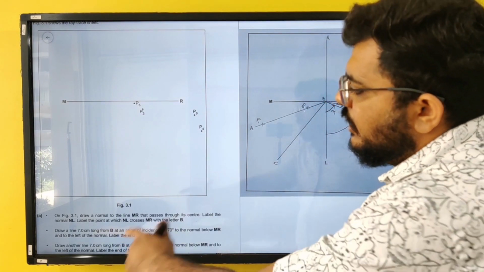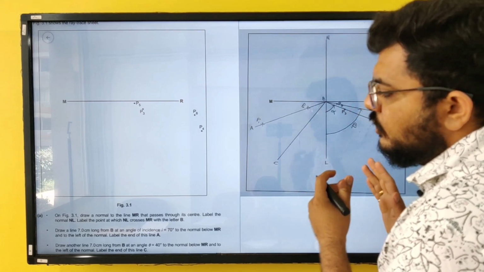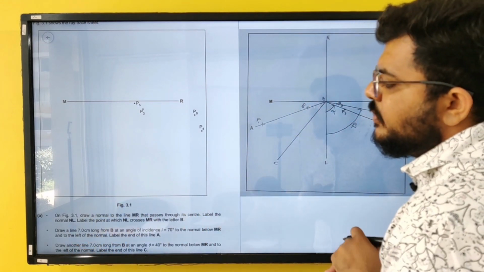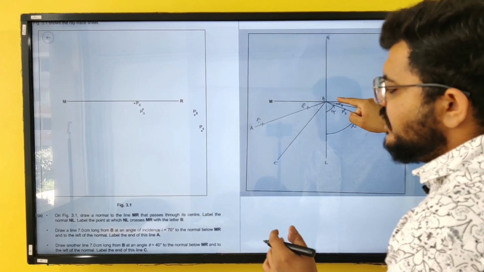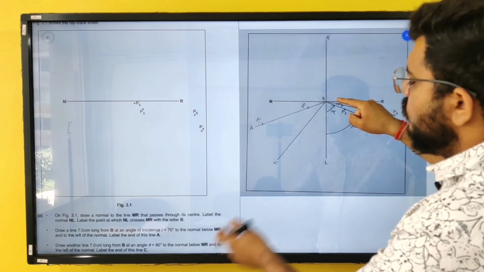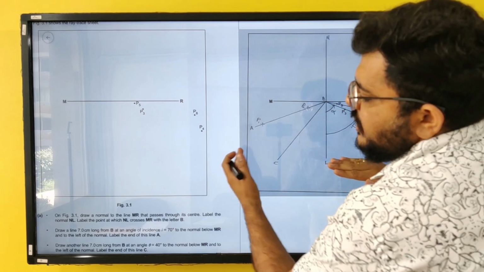Next, draw a line 7 centimeter long from B at an angle of incidence i equal to 70 degrees to the normal, below MR and on the left hand side of the normal.